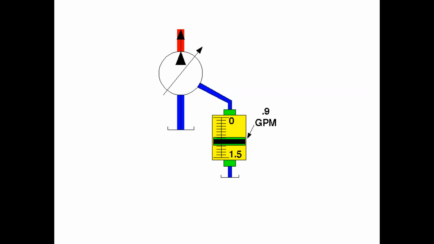But as a rule of thumb, most pumps are going to bypass about 1 to 3% of their total pump output when they're brand new. And as they wear, that's going to increase. Now, if we had, for instance, a 30-gallon per minute pump, then 9/10 of a gallon a minute and below would be an acceptable amount of case flow when the pump is fairly new.